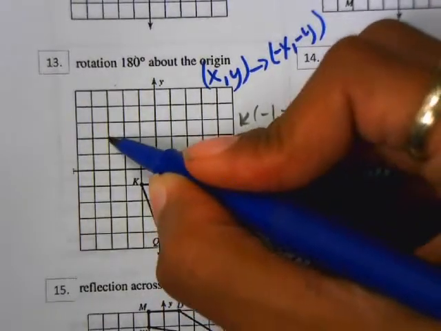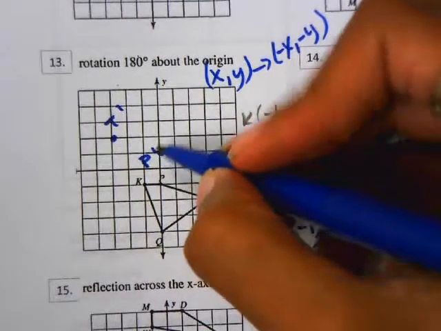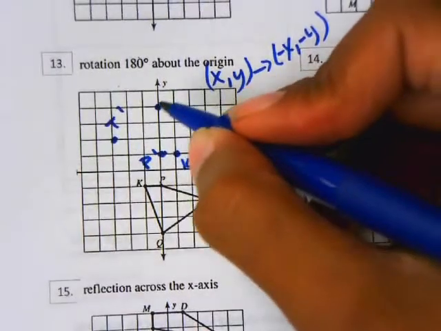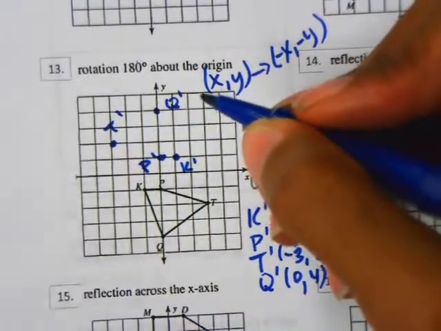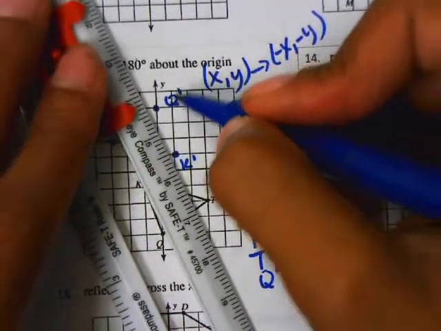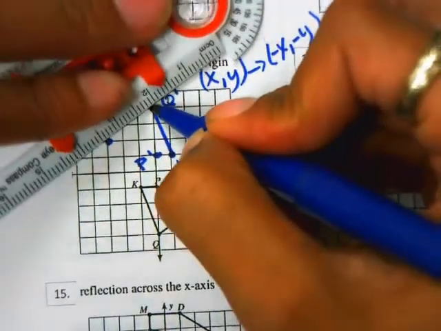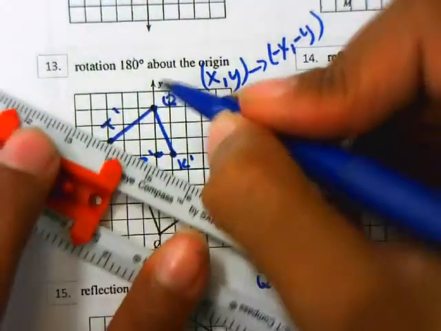Alright? So after you graph all of them, you're going to take your straight edge and you are going to connect them. And there we go.